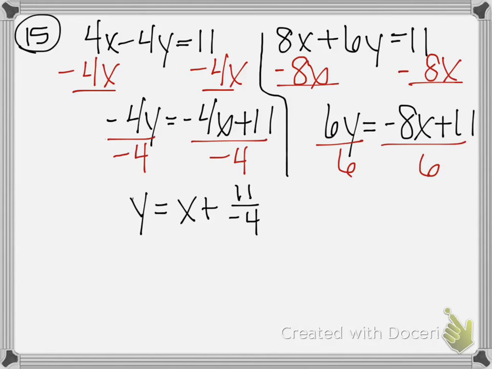And on this one, I get y equals negative 8 over 6. If I reduce that, it doesn't even matter because I can already see my slope, but negative 8 over 6 reduces to negative 4/3, and then plus 11/6.